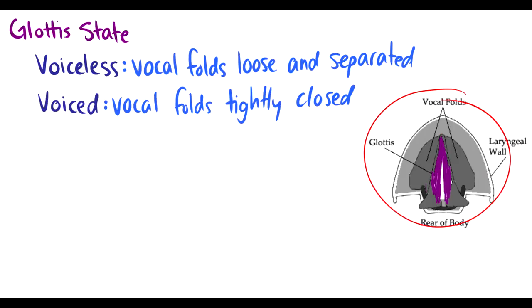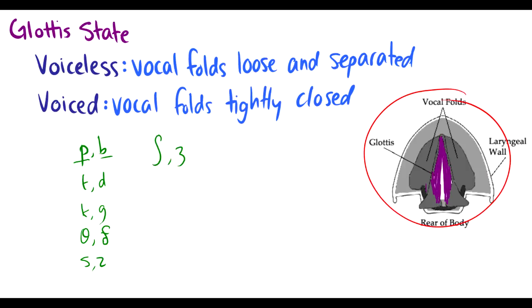So some of the pairs we have are p and b. P is voiceless, b is voiced. We have our t's and our d's. We have our k's and our g's, our thetas and our eths, our s's and our z's. So we have a lot of pairs. We have our sh and our zh.